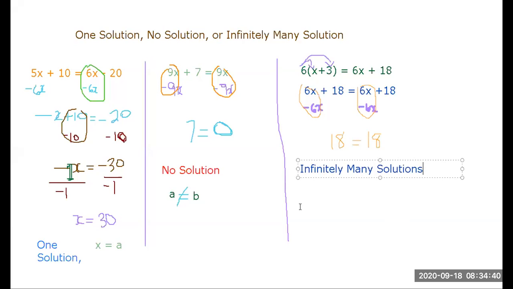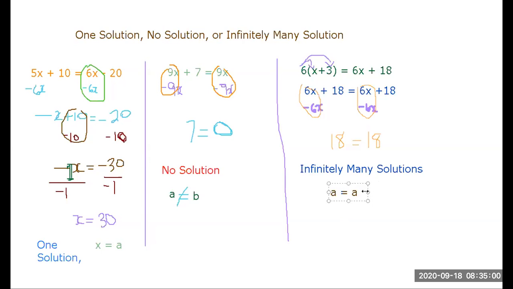If I want to put it in terms of an a and a b, or x equals a, this one would be a is equal to a. Let's change the color for that.